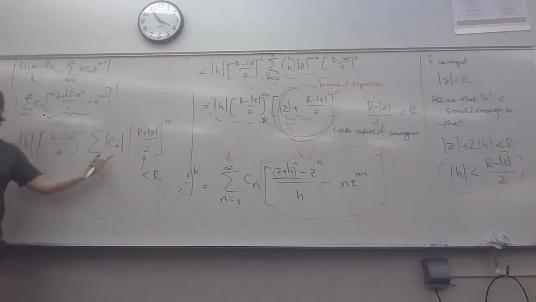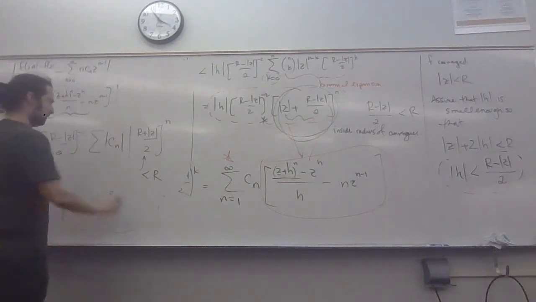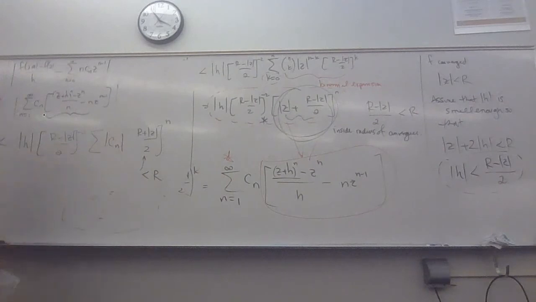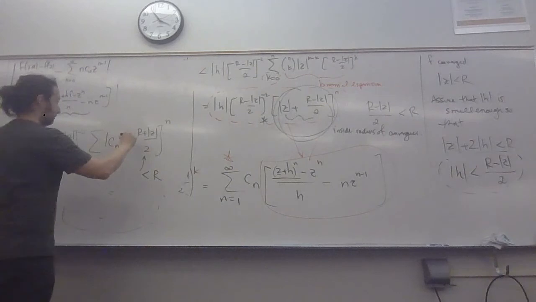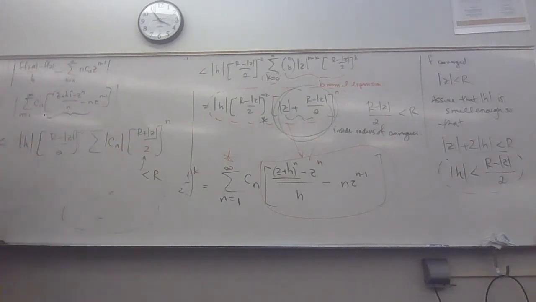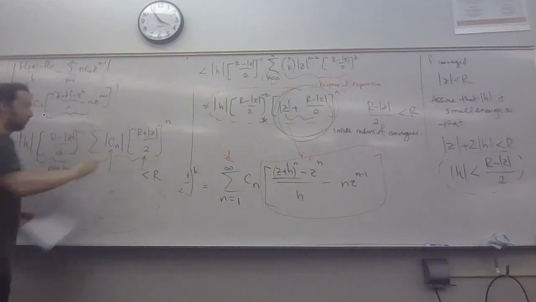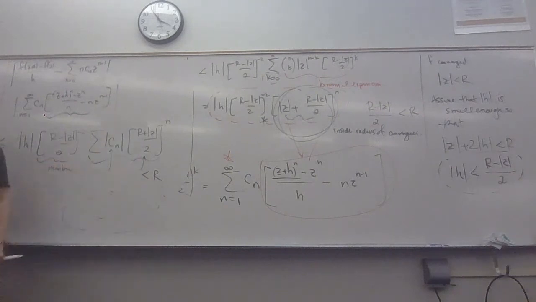That second term in the sum, is that in the modulus or is that in brackets? We applied modulus here, so it's in modulus, but it doesn't matter because this is a real number and it's positive. Right, okay. So we can put it in brackets, we can put it in modulus, it doesn't matter. The idea is, this is a number. This thing converges because the coefficients converge by the root test, and that number is within the radius of convergence for that set of coefficients.